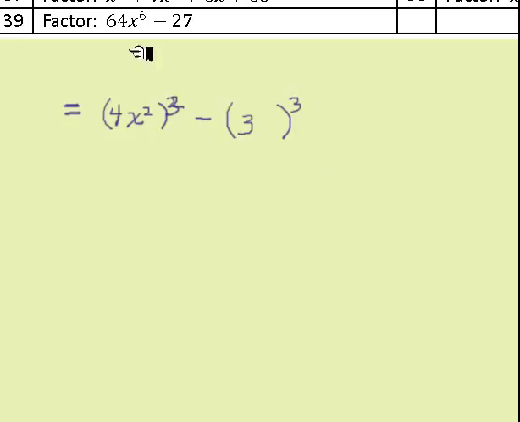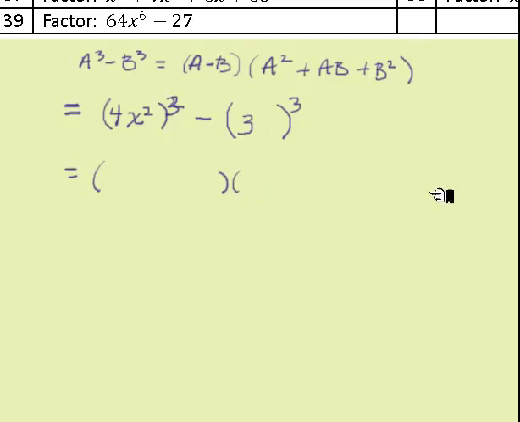Now let's remember our difference of two cubes formula. Let's write it over here. A cubed minus b cubed is equal to a minus b times a squared plus ab plus b squared. Okay, so let's put down our parentheses. In the first set, we write 4x squared minus 3. That's our a and b.